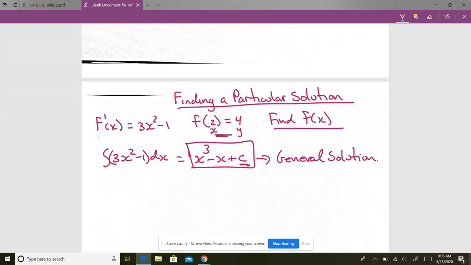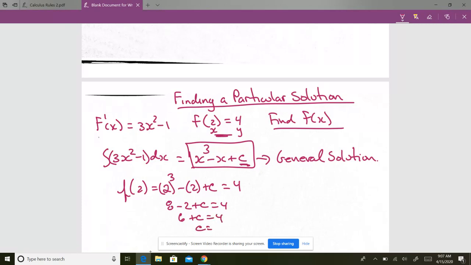So I know if I go f of 2, so I put 2 in for all my x's, 2 cubed minus 2 plus c, all of that should equal 4. And you solve it. 2 cubed is 8, minus 2 plus c is 4, 8 minus 2 is 6, so c is equal to negative 2.